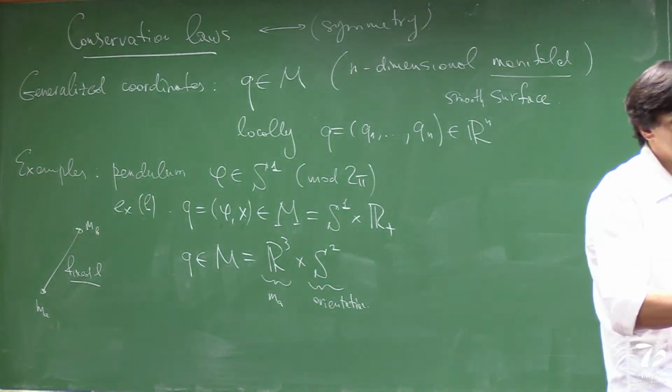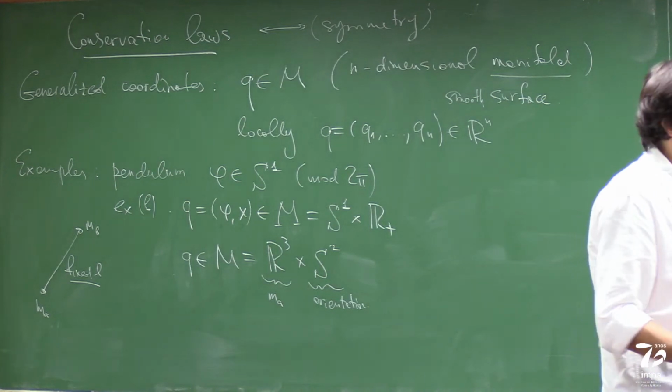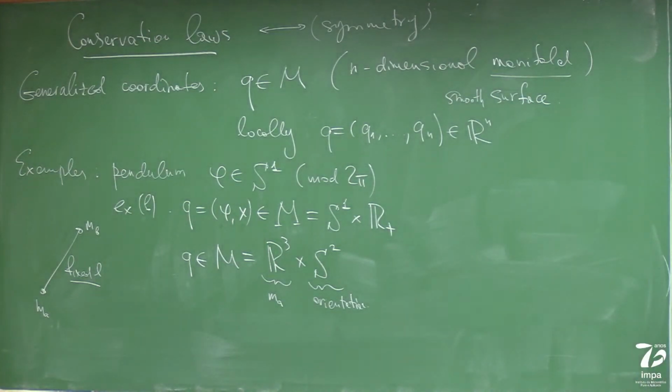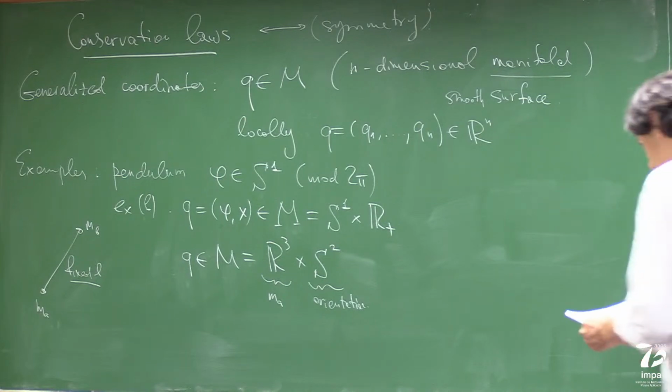For example, they're convenient to find velocity. But maybe to describe the full system, it's not convenient to use coordinates, but more convenient to use angles. So there are different coordinates, and you can change. In one moment you use one coordinate, in another you use another type of coordinates.